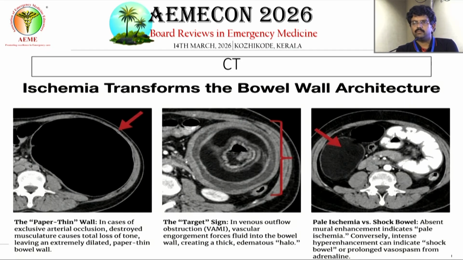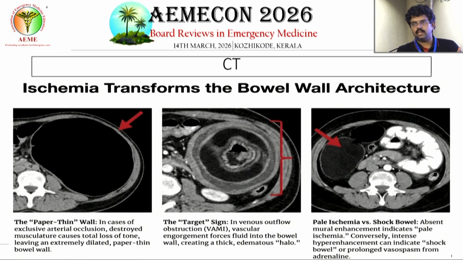So these are some of the early CT findings. The first one is paper thin wall, because the muscularis propria and submucosa have nerve plexus. When that is involved, there will be loss of muscle tone. So the bowel will be extremely dilated, leading to paper thin wall.